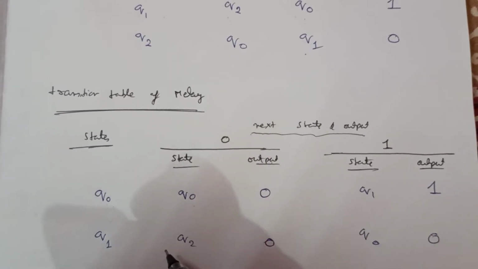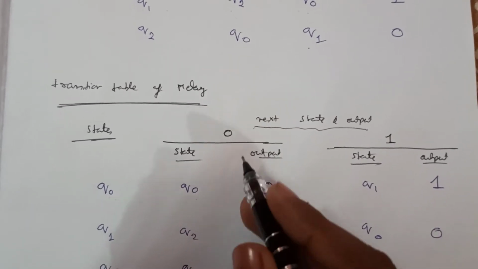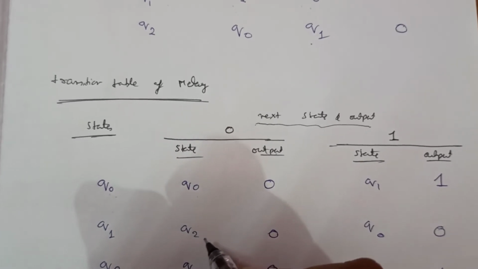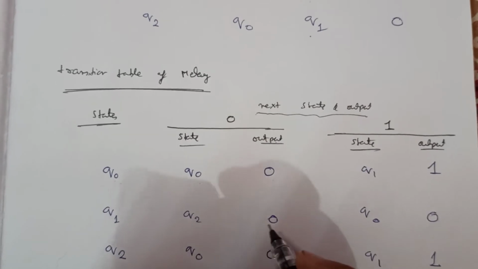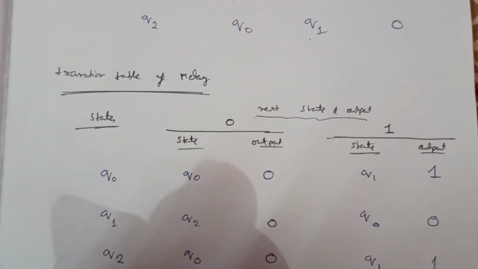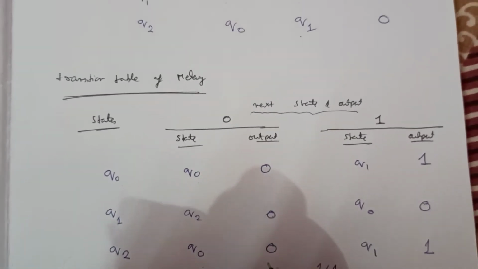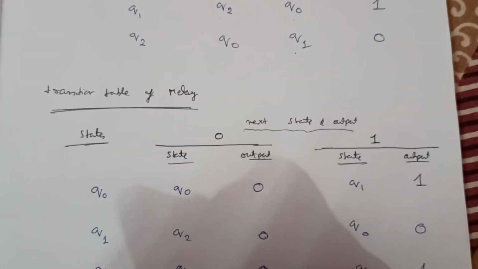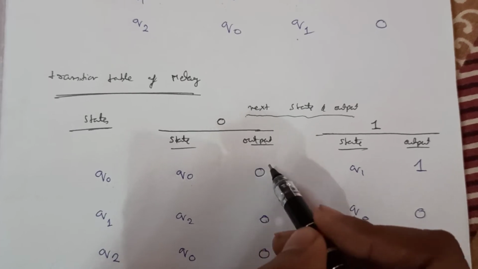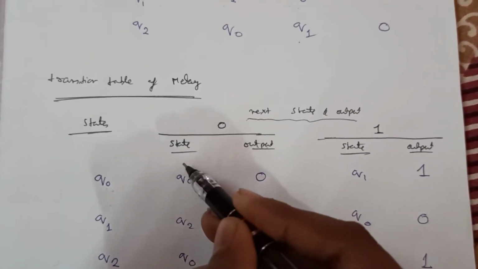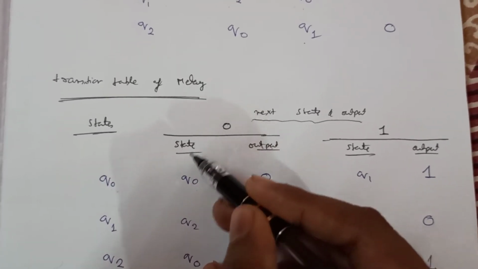Again, after receiving symbol 0, our state now becomes Q2. The output symbol for Q2 is 0, so I will write 0. And again for Q0 the output symbol is 0, so I will write 0. I think you get it. We are writing the output symbol according to the state which it becomes after receiving the symbol.